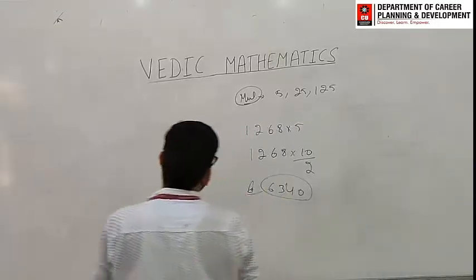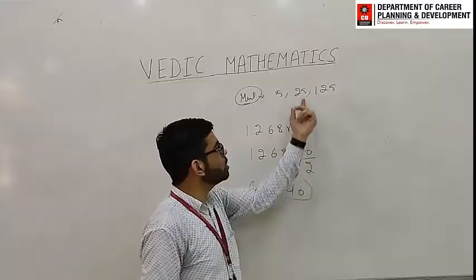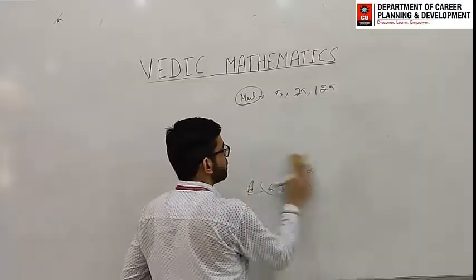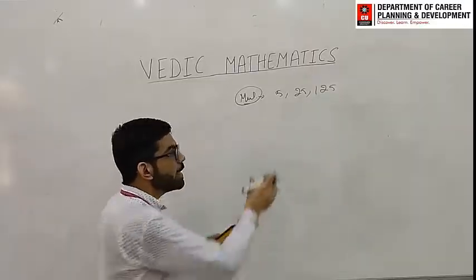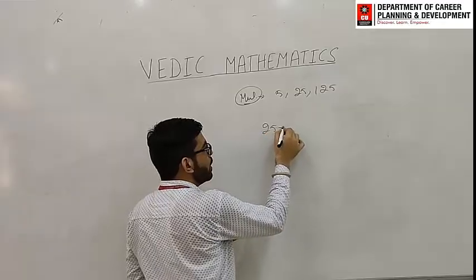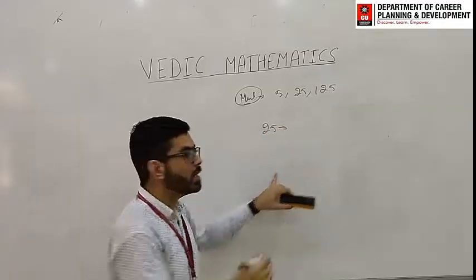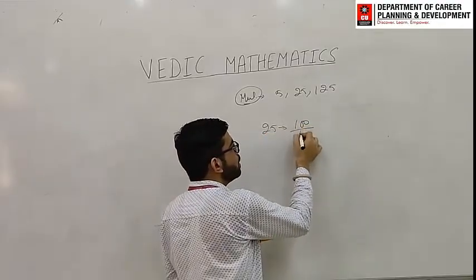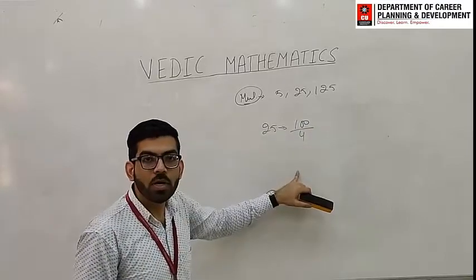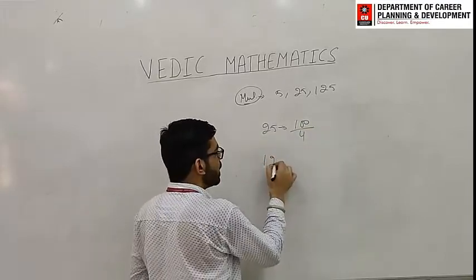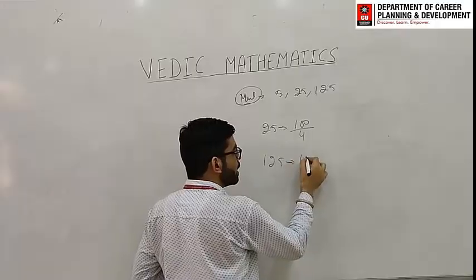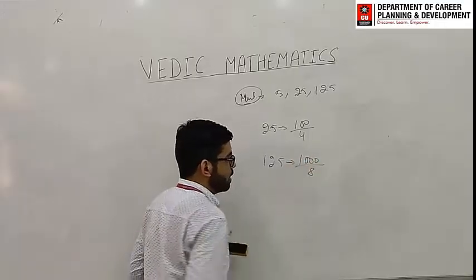Okay, so let's go to the other one. Similarly, we can change 25. In case of 25, it could be written as 100 by 4. Similarly, 125 could be written as 1000 by 8.